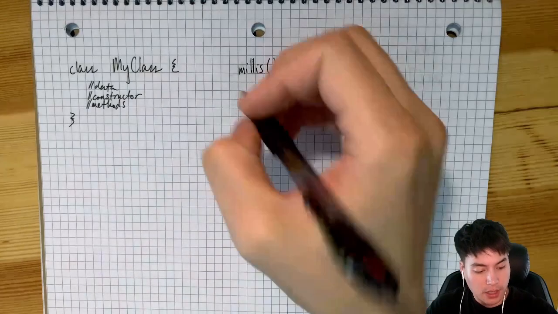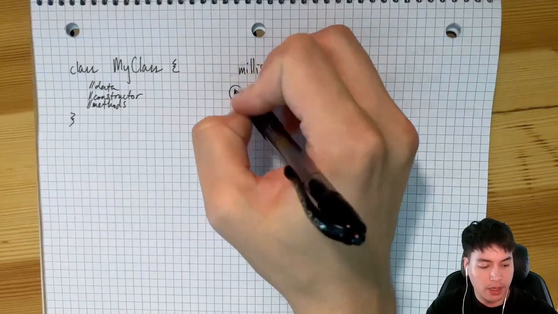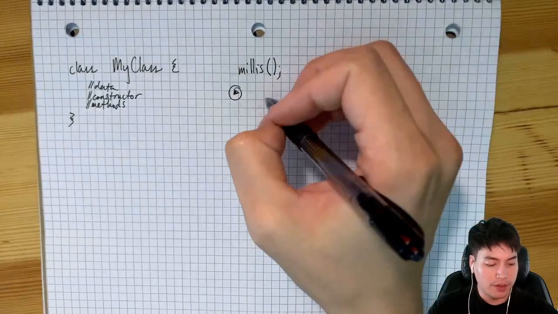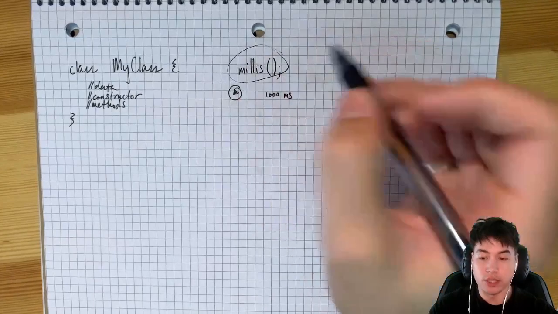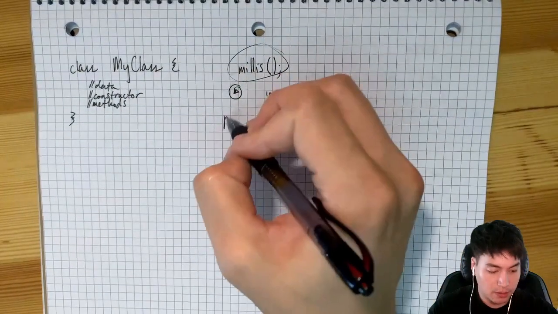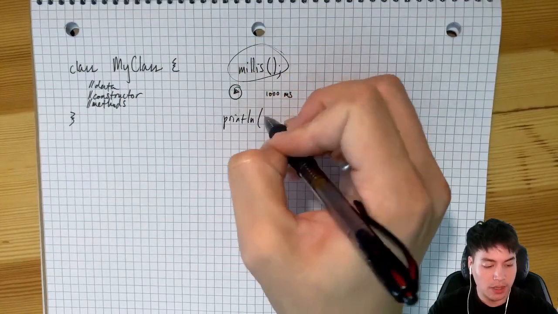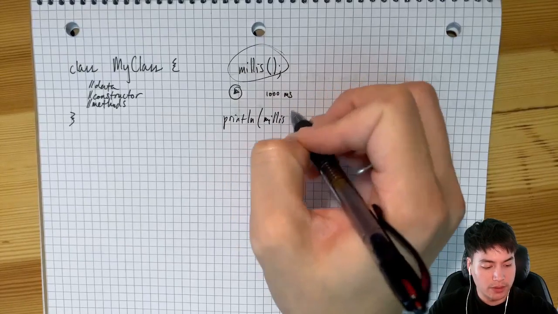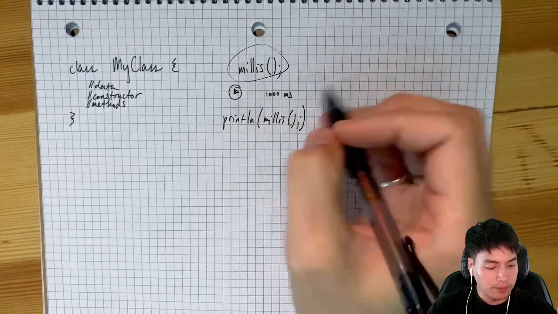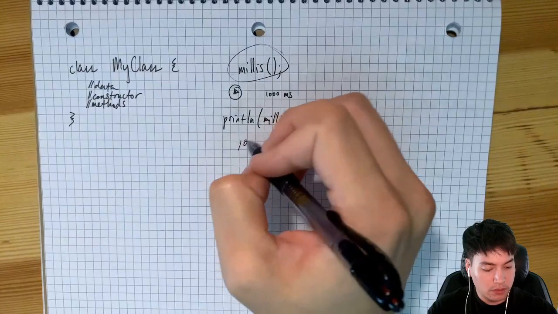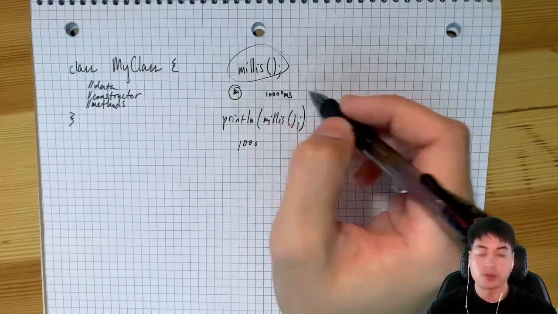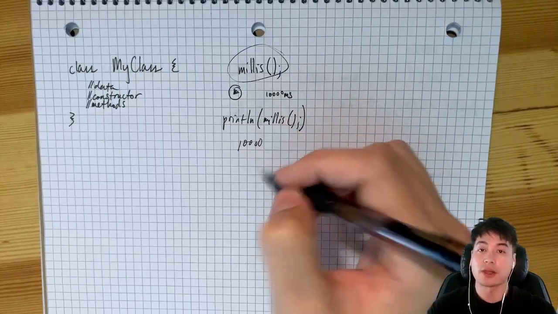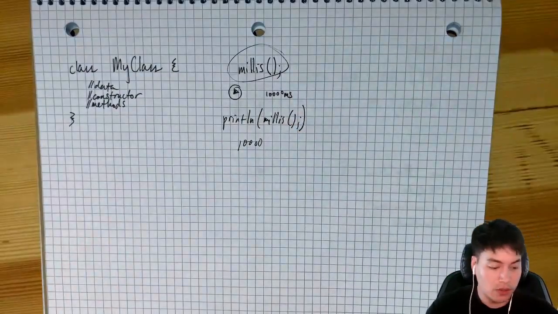So let's say I hit my run button, and then 1,000 milliseconds go by, and then I make a call to millis, maybe with println(millis). That's going to return 1,000. And if 10 seconds have gone by and it's 10,000 milliseconds, then it's going to return 10,000. So you can see where this is going.